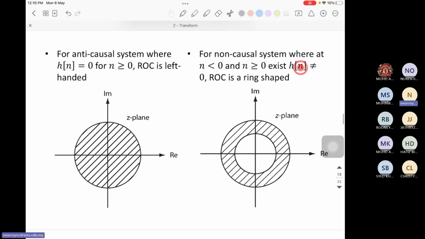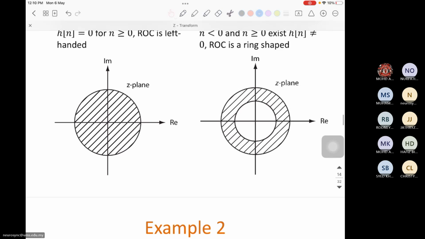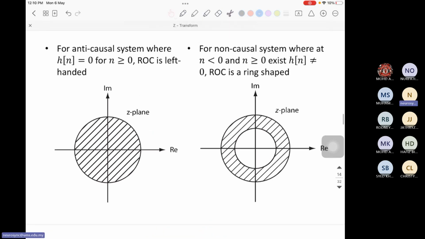So the region of convergence is ring shaped, also called annular shape.